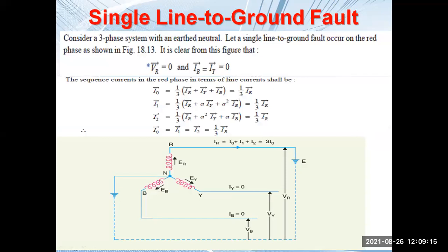Now, in unsymmetrical fault analysis, there are 3 kinds of faults. So what are the different faults? Usually in unsymmetrical faults, it is basically 3 types.